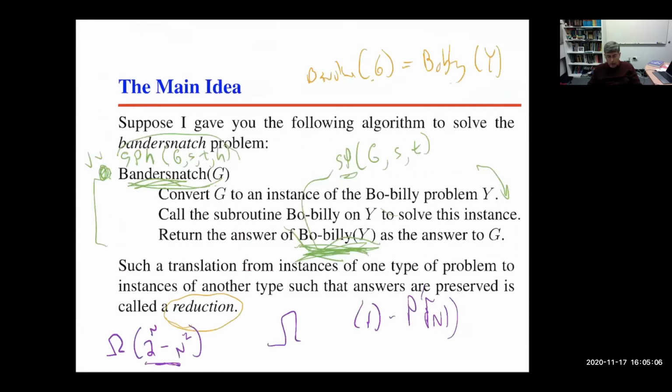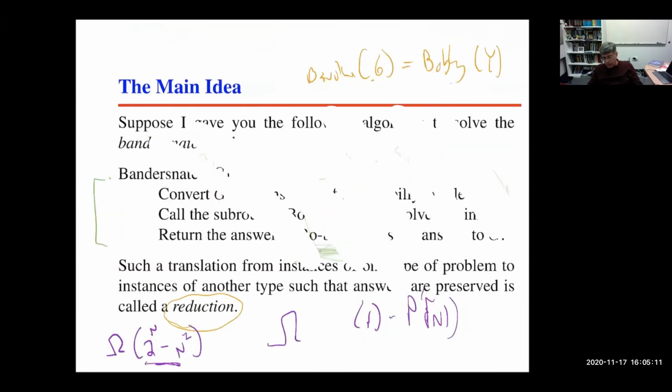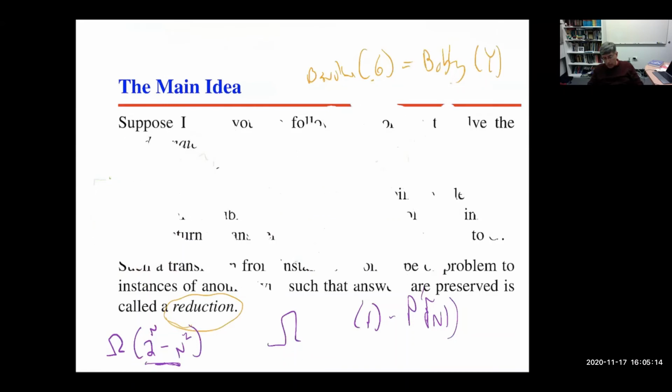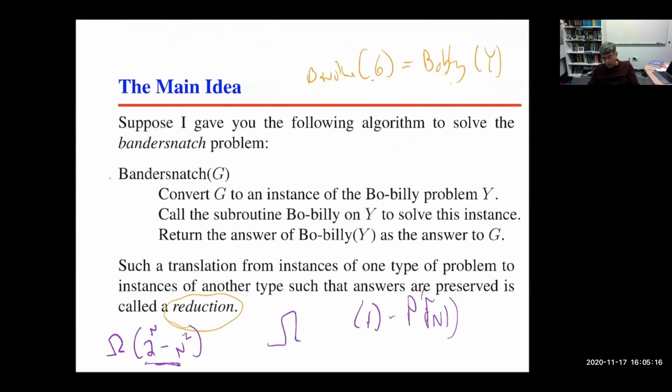What is the idea here? The key critical idea to make sure that you understand this. If I have an algorithm like this that solves a decision problem, Bandersnatch of G, this is a decision problem, by translating the input into a different format, the input for the mobility problem, and then calls a mobility solver, where mobility is also a decision problem.